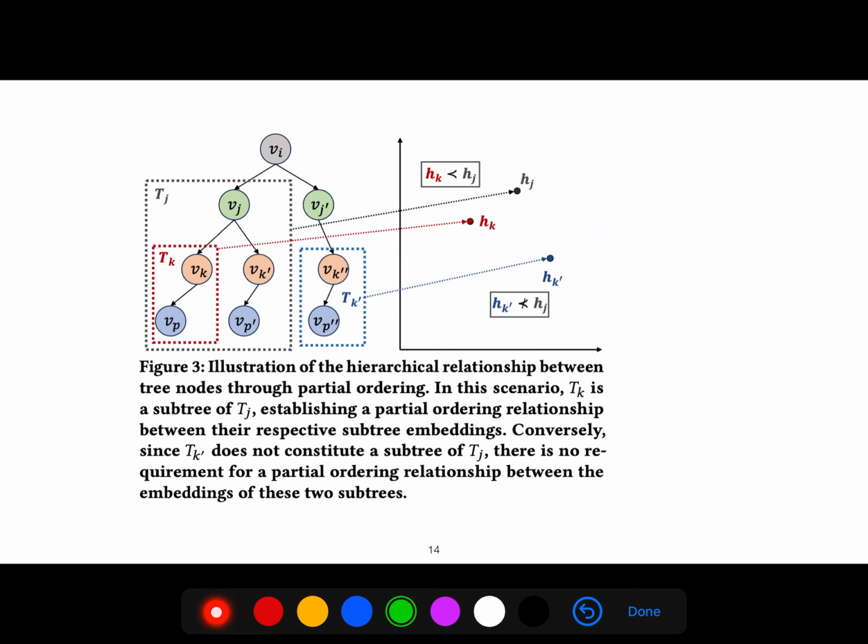This is an illustration of the hierarchical relationship between three nodes through partial ordering. So T sub k here is a subtree of T sub j, establishing a partial ordering relationship between their respective subtree embeddings. So the representation of h sub k should be a subset of h sub j, inside h sub j.